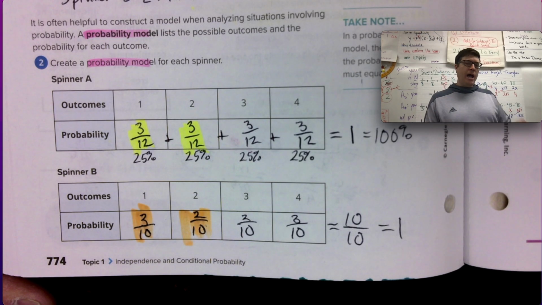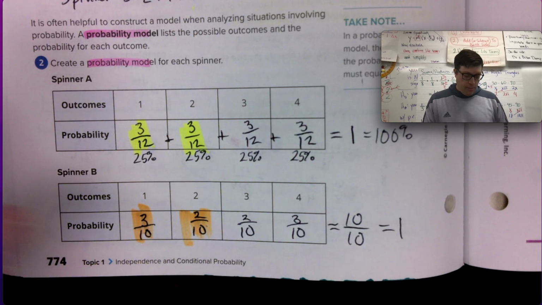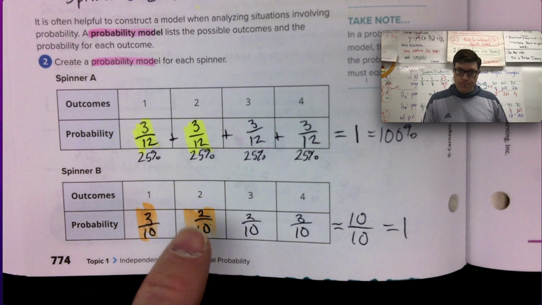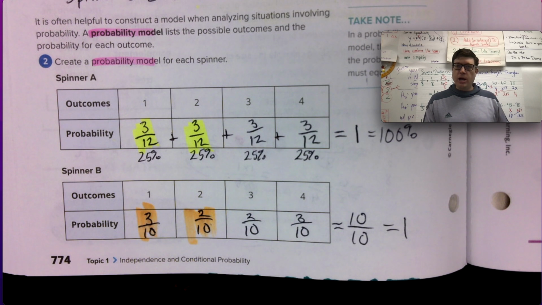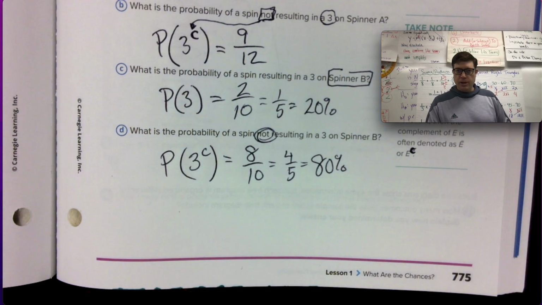It's even more evident when you consider the complement. How does the sample space, how does the probability model help us determine our answer, requesting what is the probability of a spin not resulting in a 3 on spinner B? I would answer it this way.